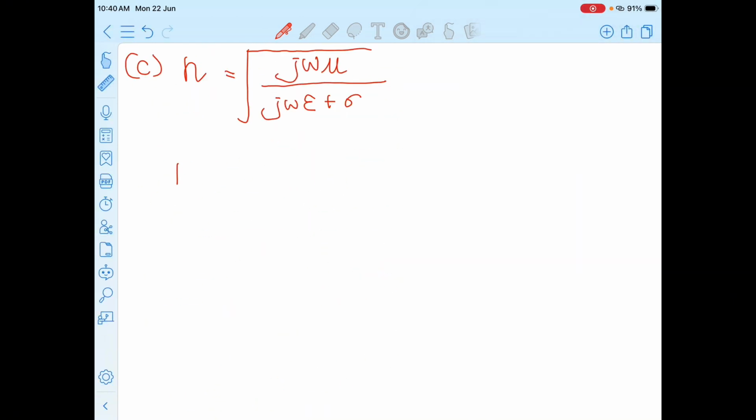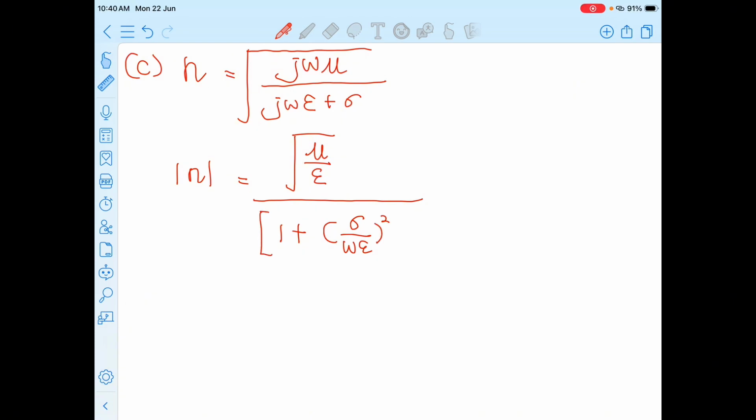Okay, so I will write down the magnitude. The magnitude of the intrinsic impedance is equal to this. And then here you have 1/4. Over here you have 2 mu naught divided by 8 epsilon naught.